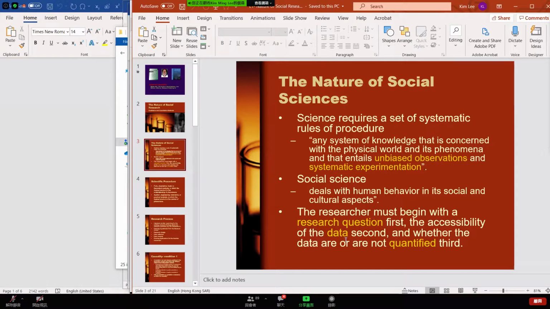That means because of limited time, limited resources, and a lot of situational factors. For example, right now in the pandemic situation, you cannot do a face-to-face survey. So instead of a face-to-face survey, you may use an online survey. So this is the accessibility of data, the second part.